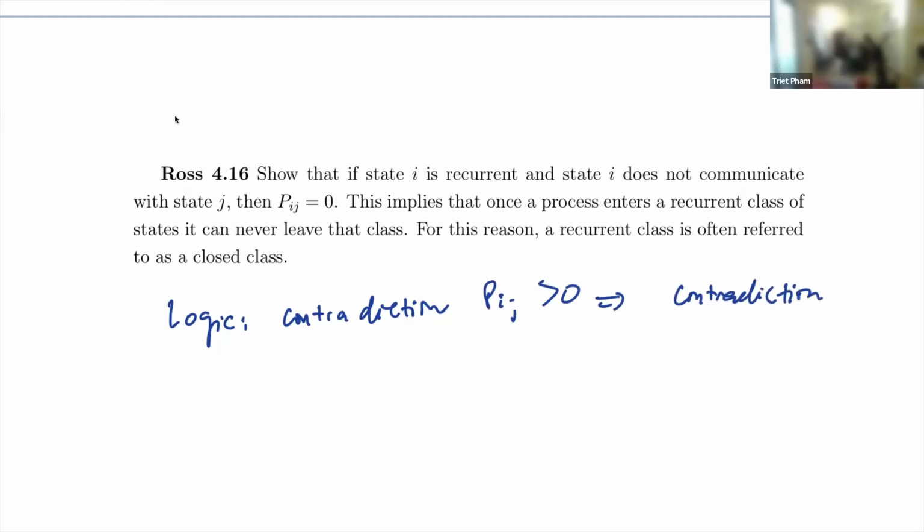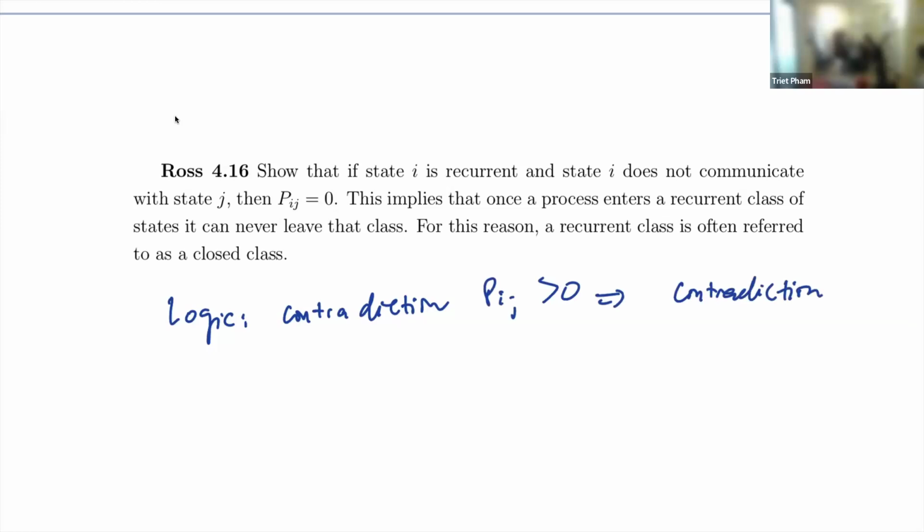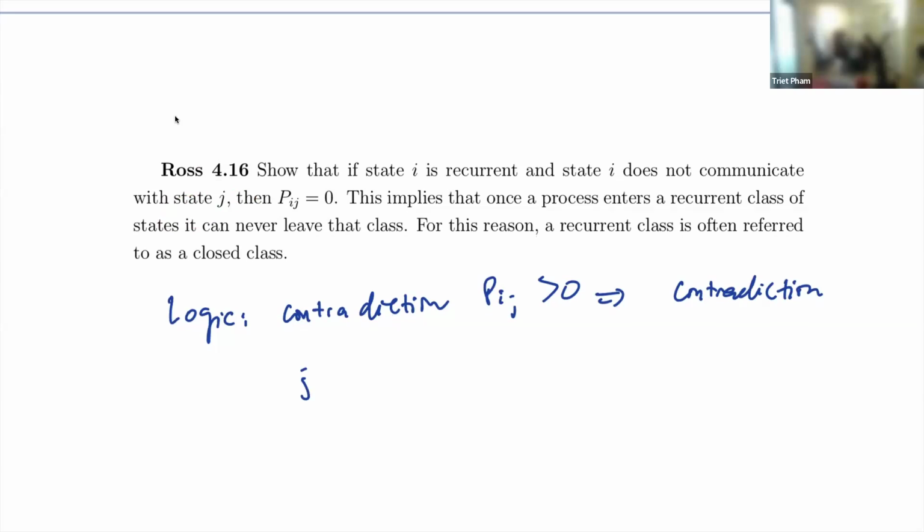But contradiction to what? Notice, we mentioned last time that the status of J in this problem is not given. J can be either transient or recurrent. That's not given, so you cannot assume anything about J. So why did I put the Fij equal to 0 just recently, for I recurrent and J transient?